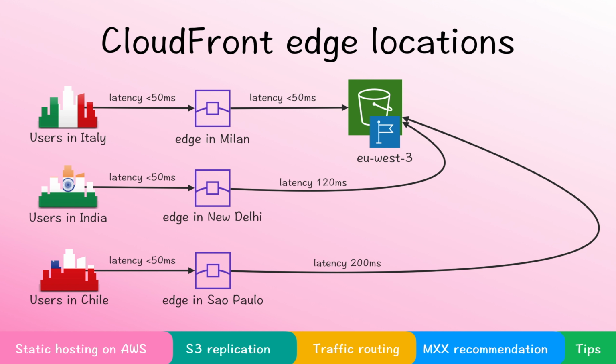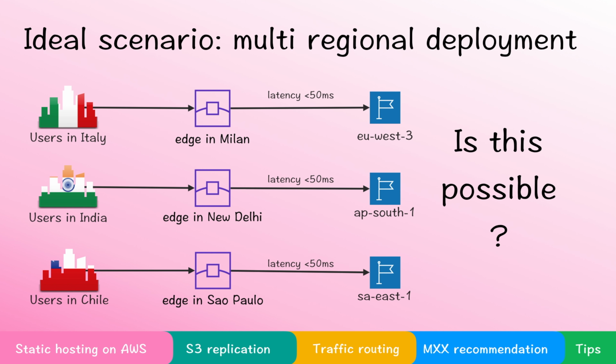So ideally we should solve it. Probably the ideal scenario is to still use CloudFront as CDN, but to have objects present in every region, so maybe multiple S3 buckets, so that objects will be delivered to the edge location and then to the end user with minimized latency. So let's look, is it possible on Amazon or not?